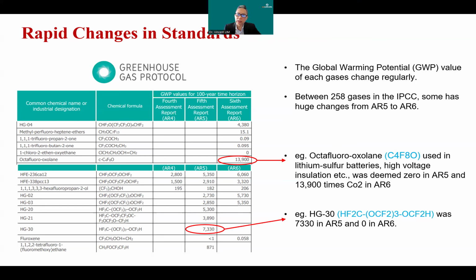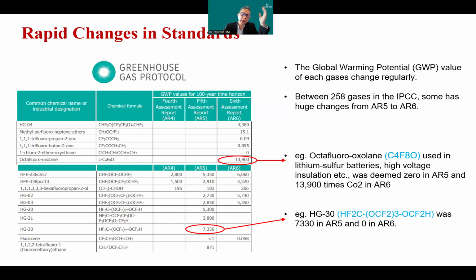To give you an example, there are about 258 gases in the IPCC, the Intergovernmental Panel on Climate Change, and those are considered harmful greenhouse gases. And those 258 are published into a book every 2 to 3 years. And we call that AR.